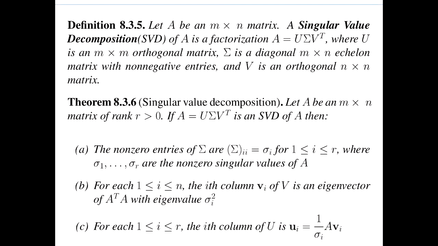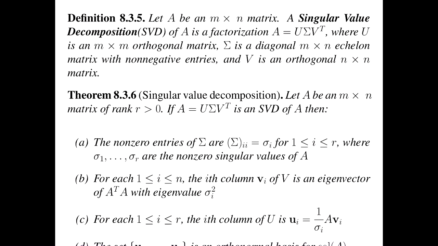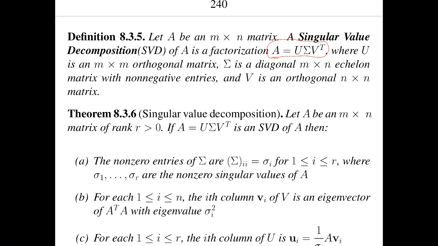Maybe I only have time for the start of the definition of the singular value decomposition. What's a singular value decomposition? It's called SVD. If A is an m by n matrix, then the SVD of A is a factorization of A as a product of 3 matrices, where U and V are orthogonal.